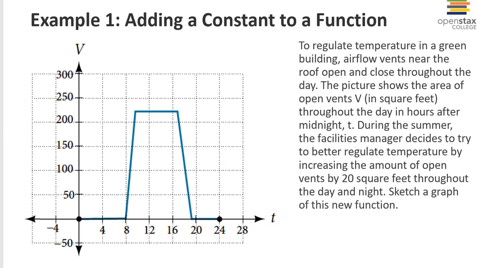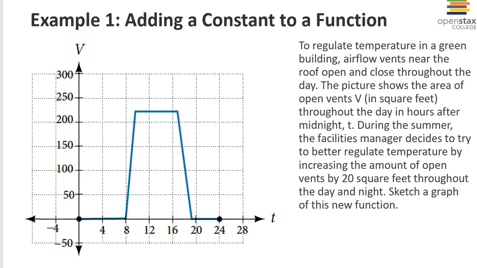The picture shows the area of open vents, V, in square feet throughout the day in hours after midnight, T. During the summer, the facilities manager decided to try to better regulate temperature by increasing the amount of open vents by 20 square feet throughout the day and night. Sketch a graph of this new function.